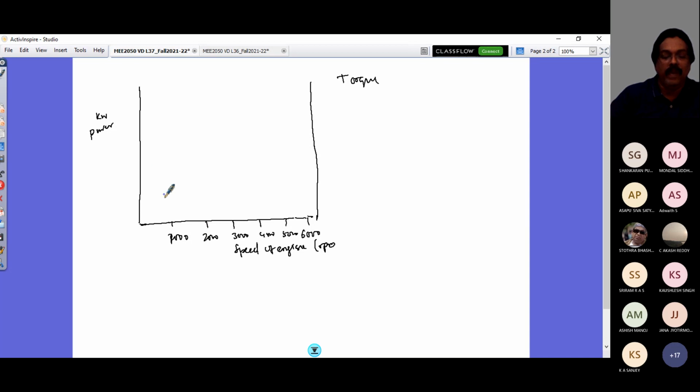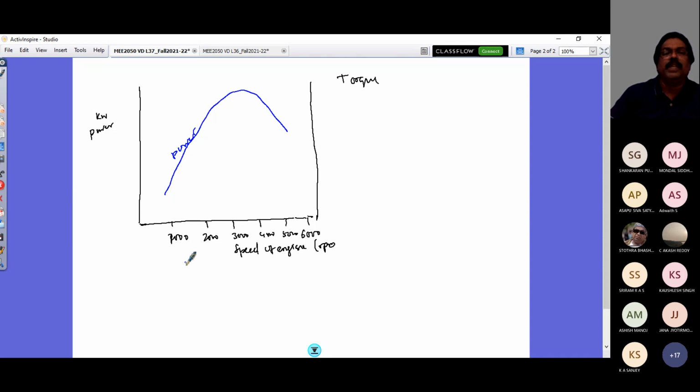So you would have your graph starting from some idling speed, say this 1000 RPM, and then the power keeps increasing, and that would attain some maximum power, and then it will rapidly fall. This is what is the power characteristics, right?